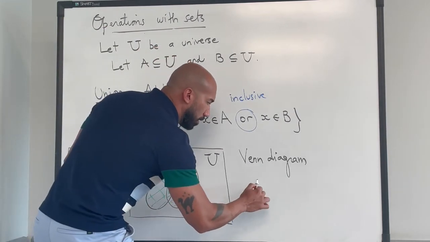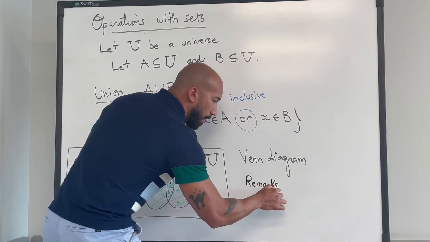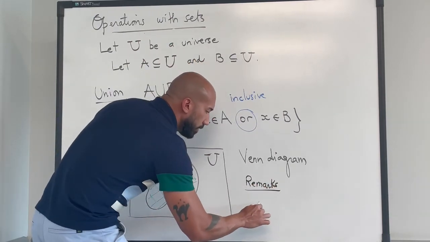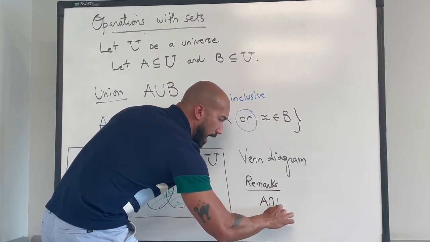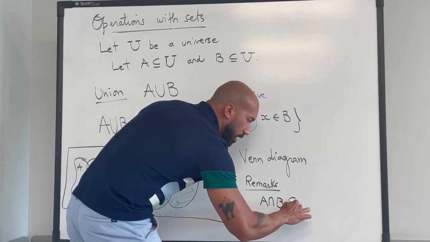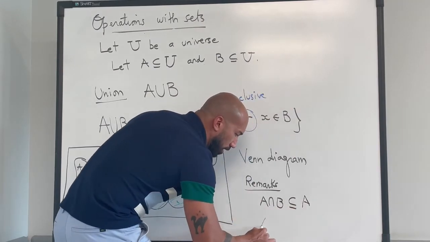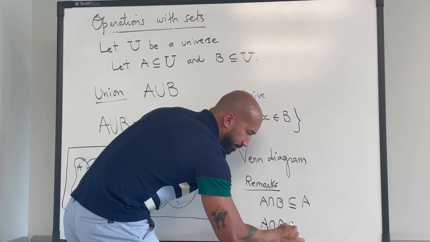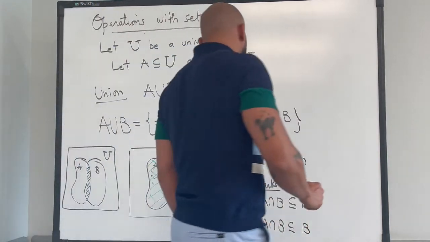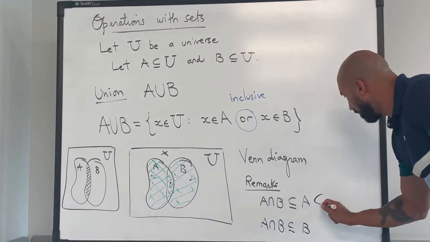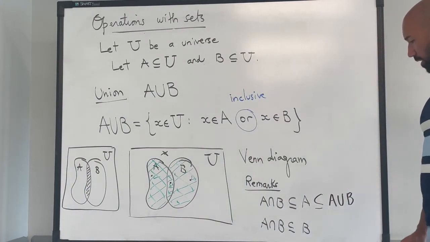So we have the following remarks here. For any two sets, A intersection B is always a subset of A, obviously. It's going to be a subset of B too, but A is going to be a subset of the union.